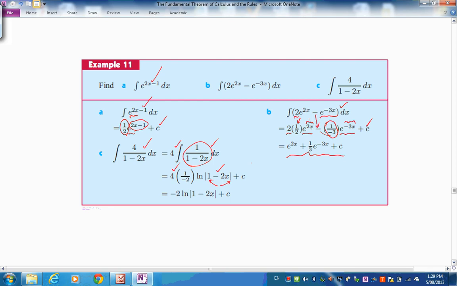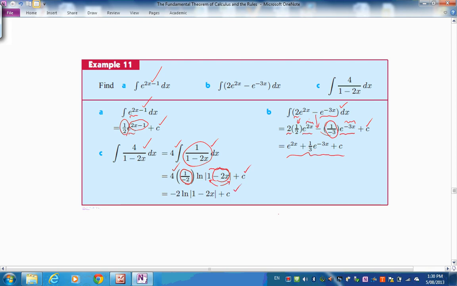So ln of 1 take 2x, but then all of this is itself a function in x. The thing that you're finding the log of is all a function in x. You have to now divide by the derivative of that, which is neg 2. So put 1 over neg 2. And then simplifying that, and plus c, of course, on the end.